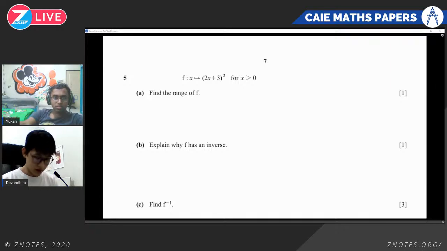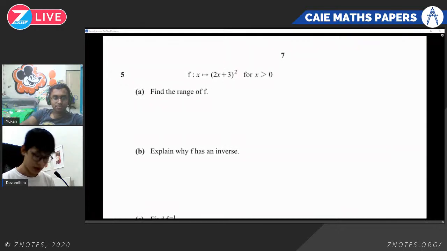Yep, exactly. So the range is the possible y values of the function given the domain, correct? All right. So how can we find it? How can we find the range?